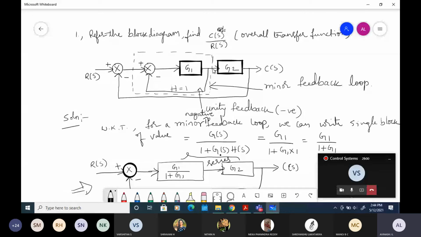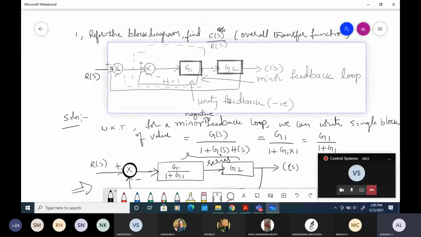If any line is taken off, then it cannot be series; only if nothing is there is it in series. So series is ruled out. Are there any blocks in parallel to this? No. Then what is the third step you went to? You went to the feedback loop. You found that there is a feedback loop, then you decided and reduced that one.